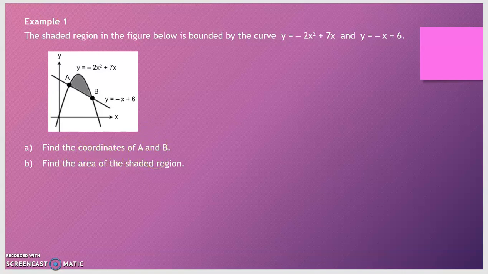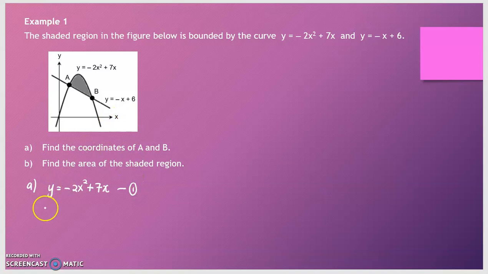So in order to find the coordinate of A and B, this is the intersection between the straight line and the curve. So we're going to solve simultaneously. Let's say y is equal to negative 2x squared plus 7x. This is equation 1.